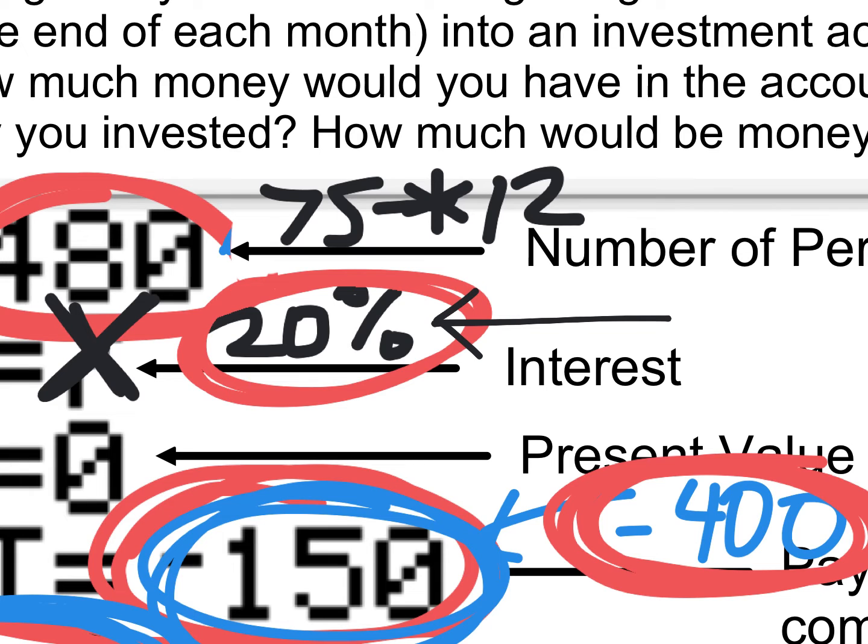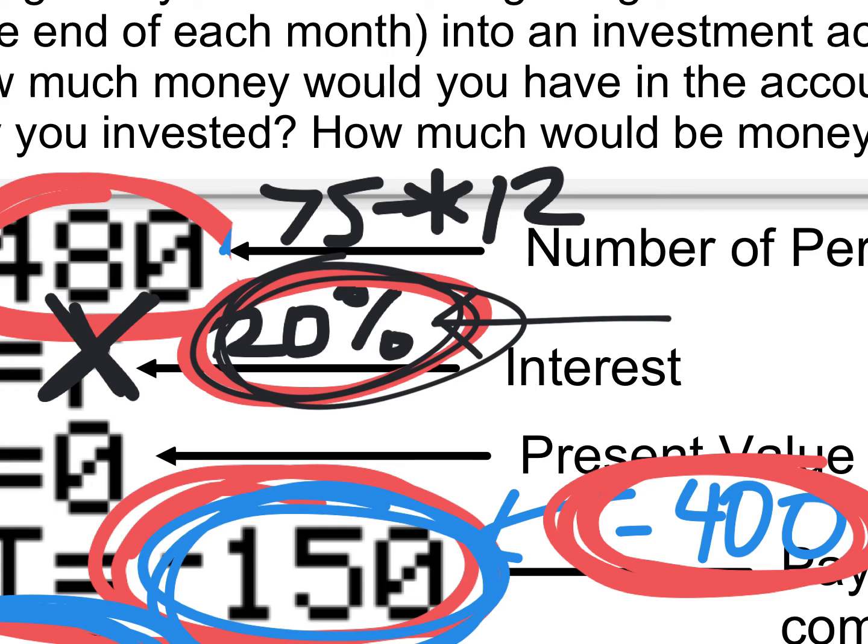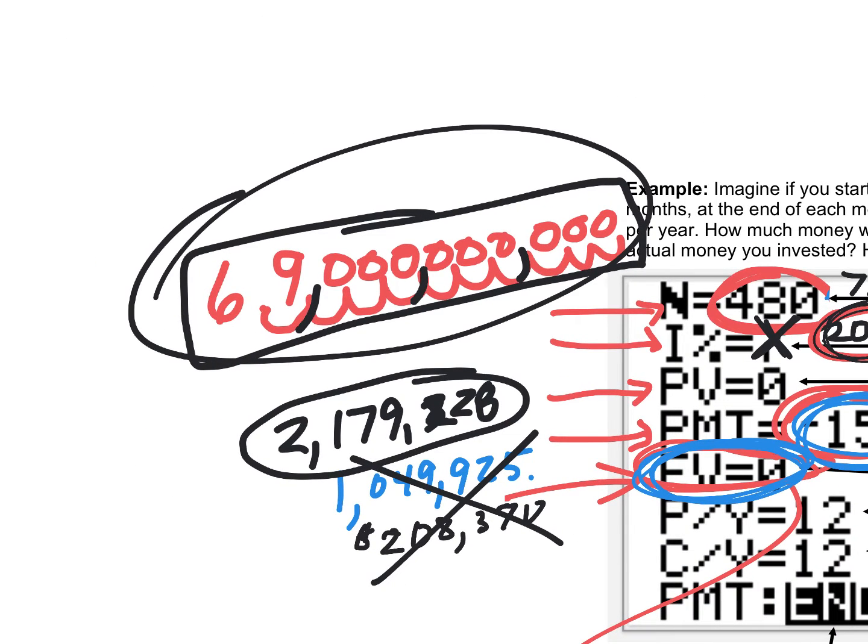You're all probably going to live 75 more years. That's normal for your age group. If you didn't know that, that's your life expectancy. And the hard part is getting 20% interest. But if you could, that could be how much money you'd have.